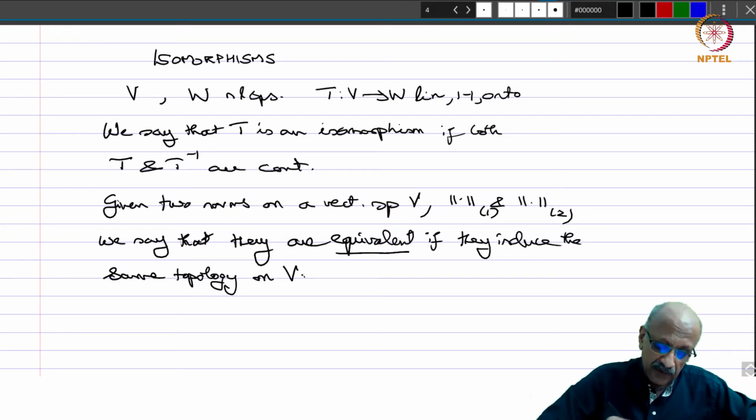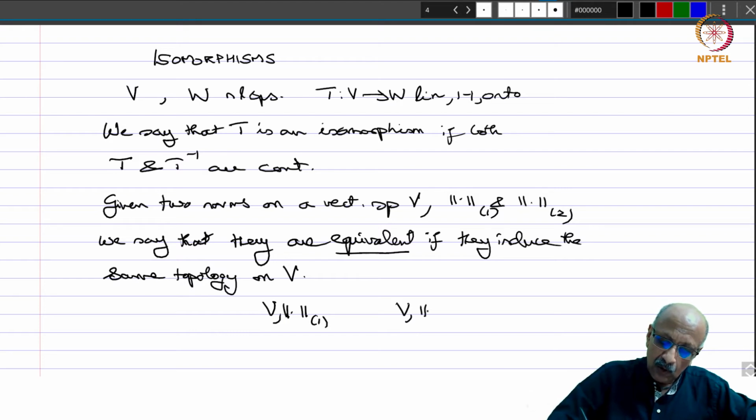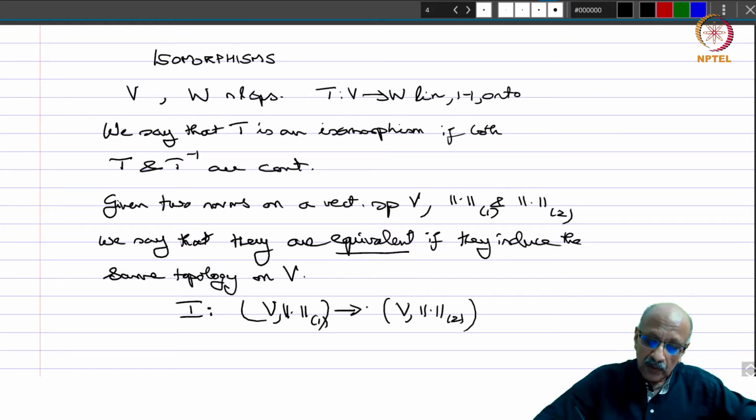So this means that if I have V with norm 1 and I have V with norm 2, we have two normed linear spaces, and you look at the identity map between these two spaces. So every open set here, the inverse image is the same thing and it has to be open here, and every open set here, the inverse image has to be open here.